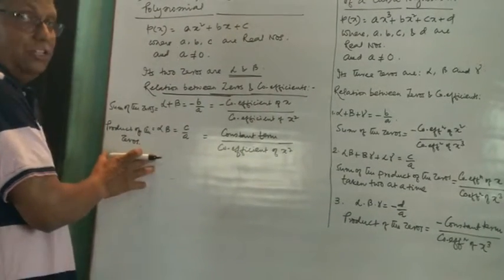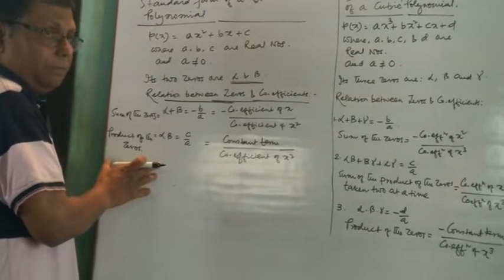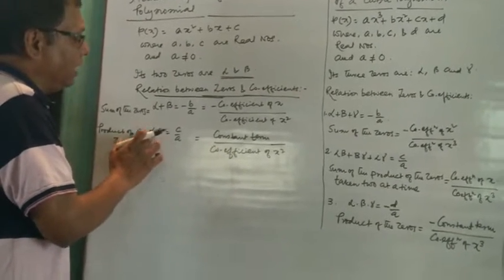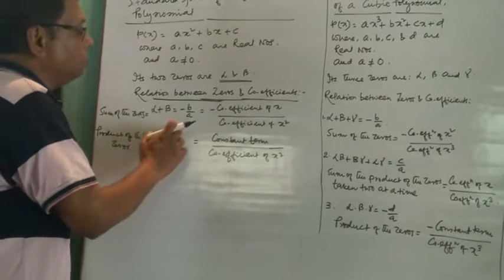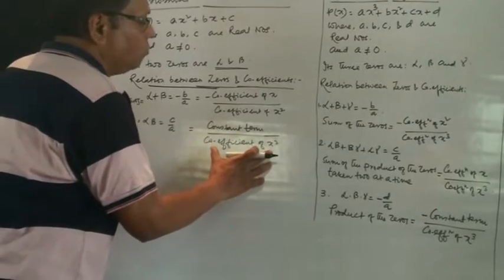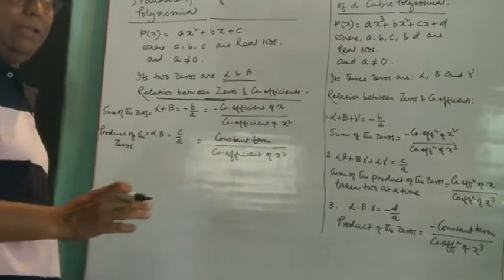And the second relation, in the case of a quadratic polynomial: the product of the zeros, alpha into beta, equals c/a. c means the constant term upon the coefficient of x².